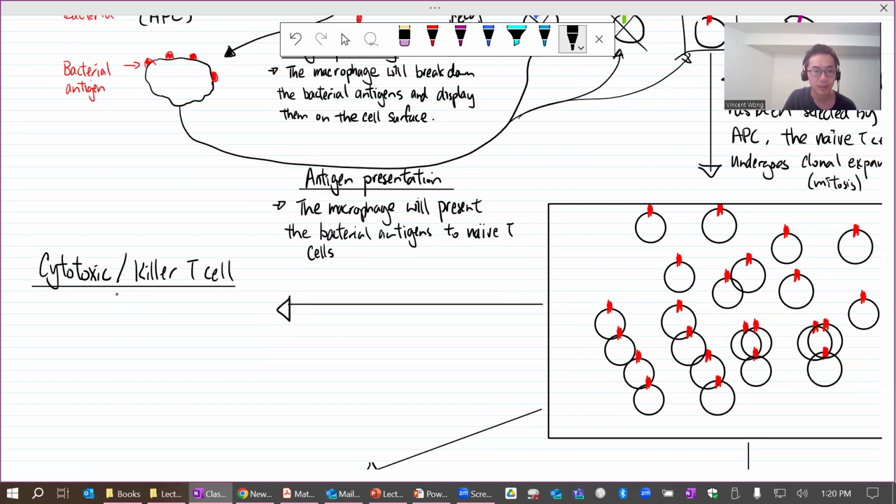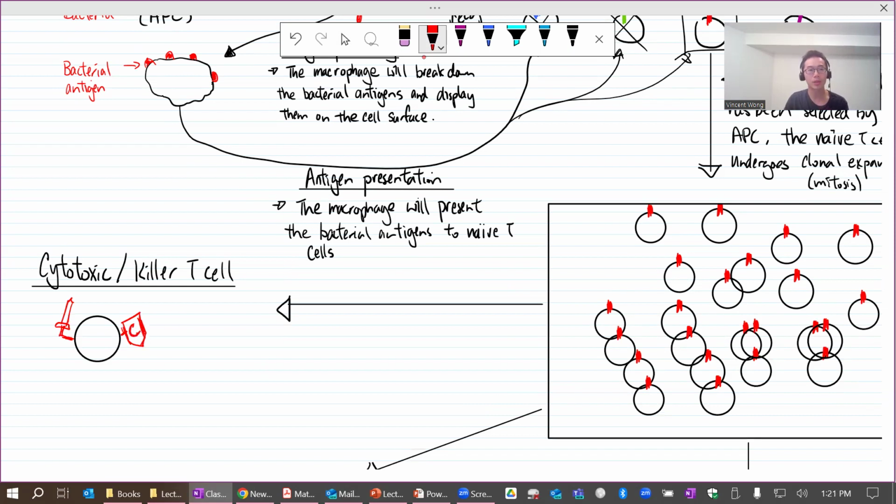So they look like this. I'm going to draw the cell. And then these are going to go attack things. Maybe I give it a sword or something. Usually this helps people remember it.